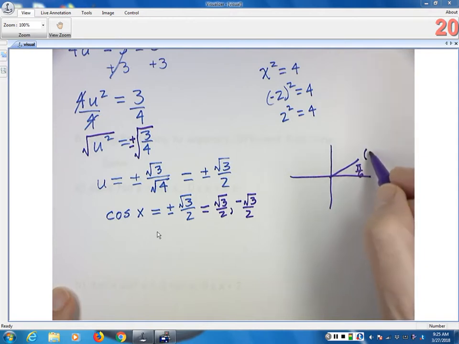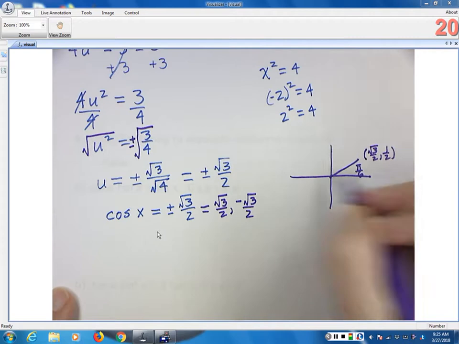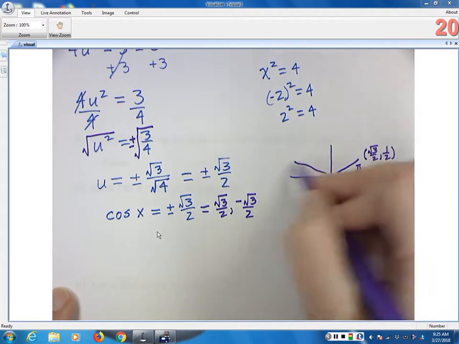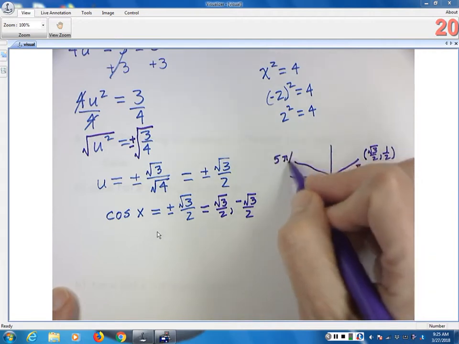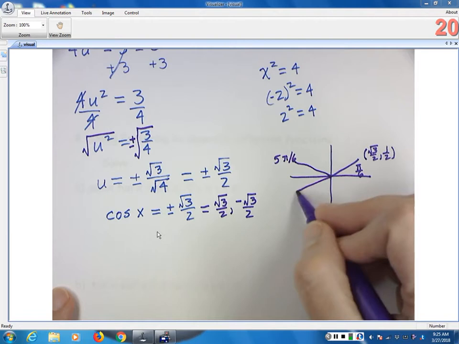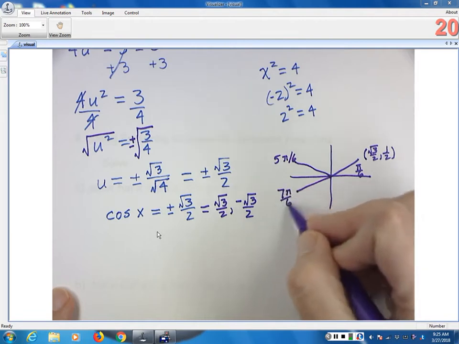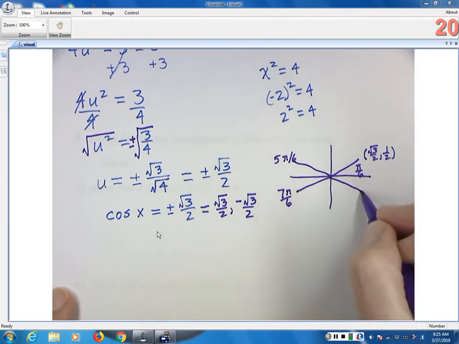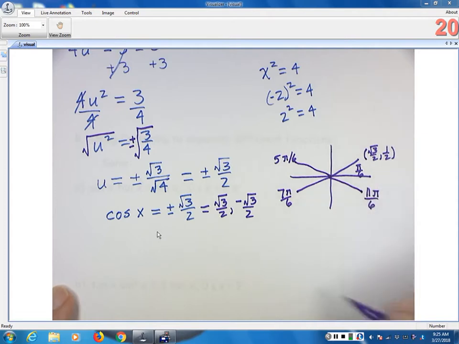Cosine is square root of 3 over 2, and it's at pi over 6, 5 pi over 6, 7 pi over 6, and 11 pi over 6. On all those angles, those 4 angles.